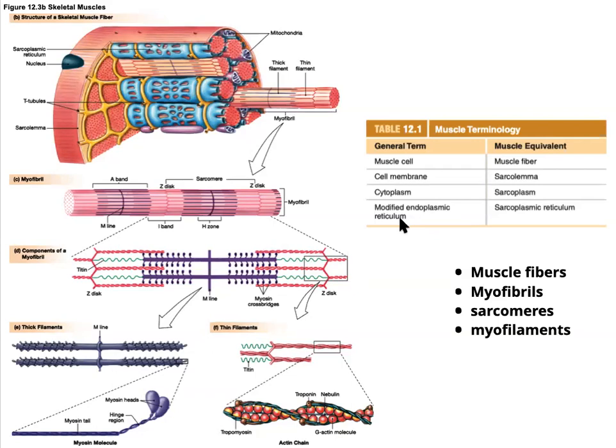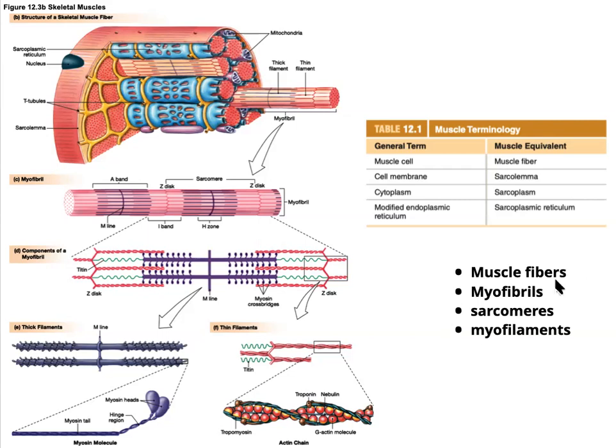And then for the modified endoplasmic reticulum that's used for calcium storage, discussed later in this lecture, when we see these in skeletal muscle cells, we call them sarcoplasmic reticulum. So basically it's just a modified form of endoplasmic reticulum. And make sure you understand how these terms are defined.